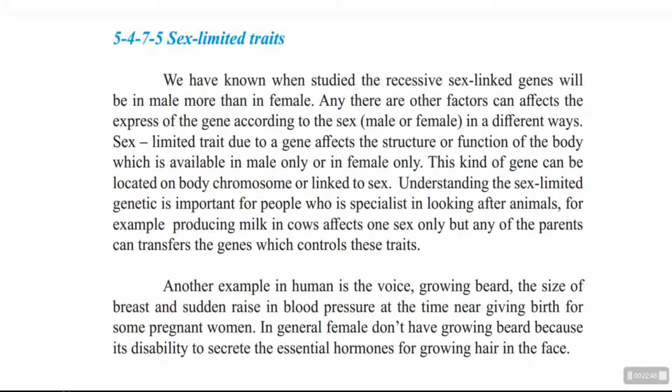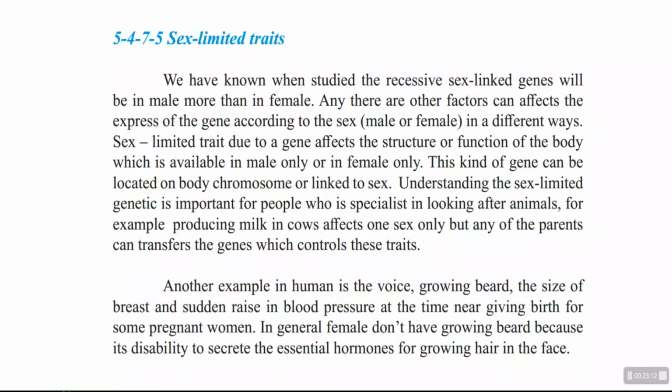Sex-limited traits are due to a gene affecting the structure or function of the body, which is available in male only or in female only. This kind of gene can be located on body chromosomes or linked to sex chromosomes. Understanding sex-limited genetics is important for people who specialize in looking after animals, for example, producing milk in cows.